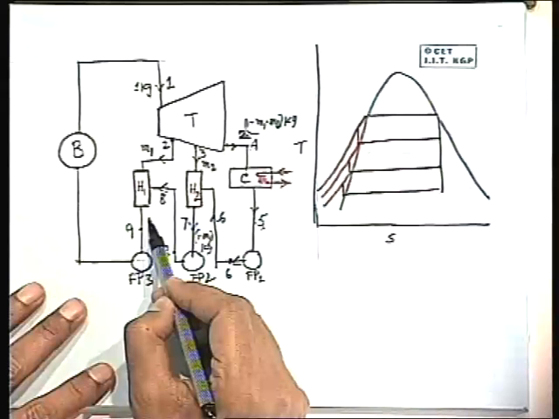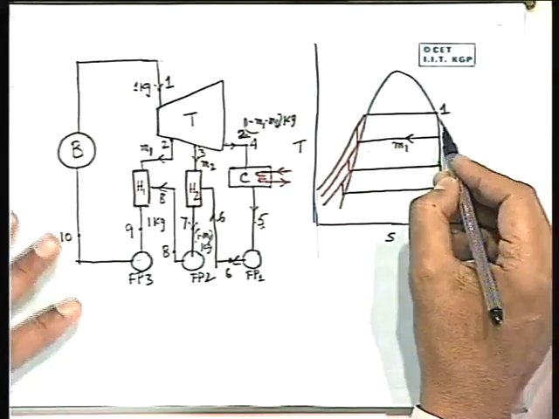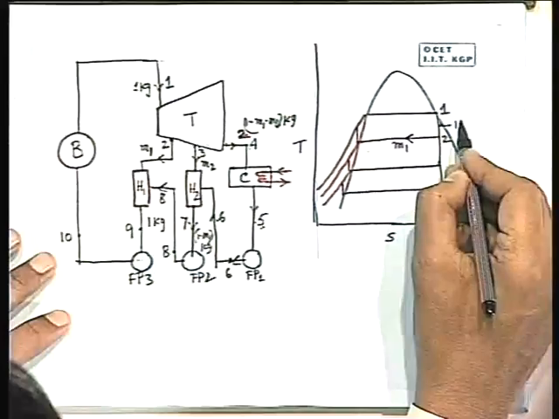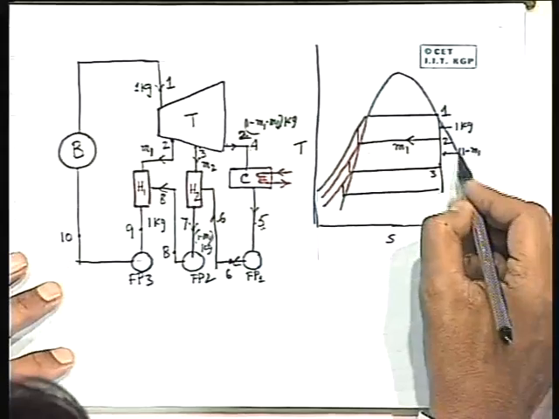This will be more clear if we see the diagram here, the TS diagram. Now, let us follow. This is the one. After expanding to the point 2, we bleed M1. Then 2 to 3. So here it is the expansion with 1 kg. Then 2 to 3 expansion is 1 minus M1 kg.